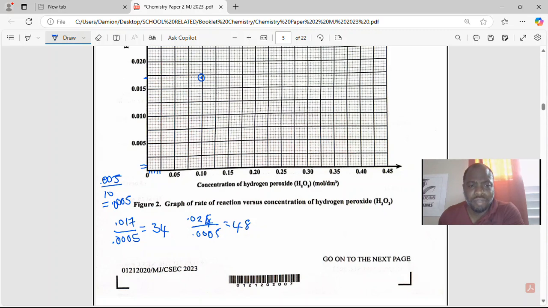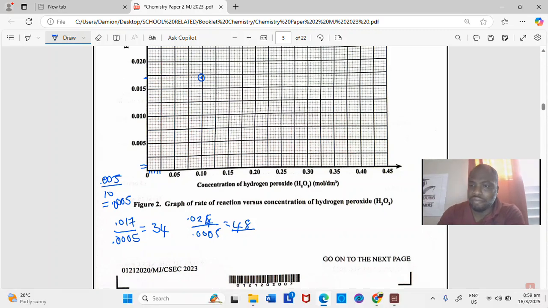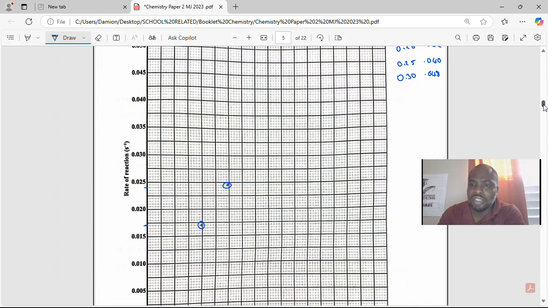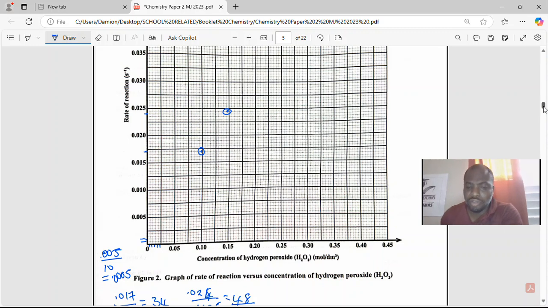But if you want to find any point, once you find what one stroke represents on either of the axes, you divide the point that you want to find by what each of those strokes represents. You get a number. That number tells you how many strokes you need to count to get to that point. So you don't have to stress yourself. We can get to the points quickly. So the next one is 0.032.